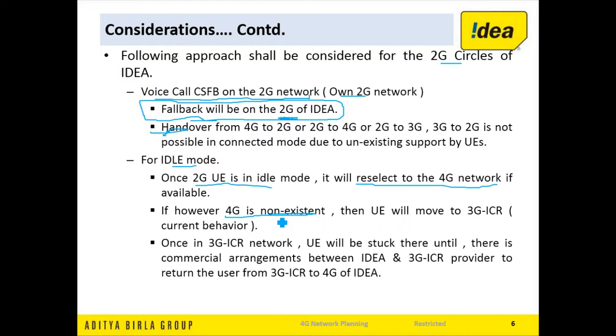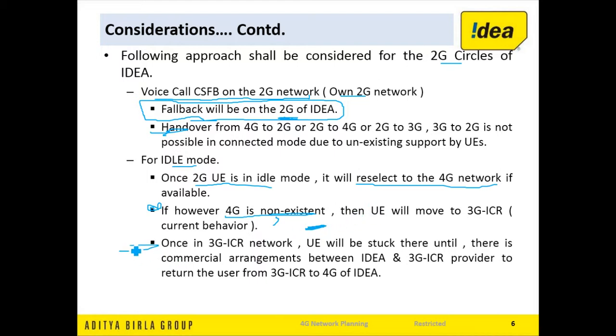This is current behavior also, just the mechanism of defining priorities has changed. In 2G networks we define that anytime a 3G network is available, the UE should go to that network. This behavior will continue to remain the same: if 4G is non-existent, then the user will go on to the 3G network of the ICR partner.